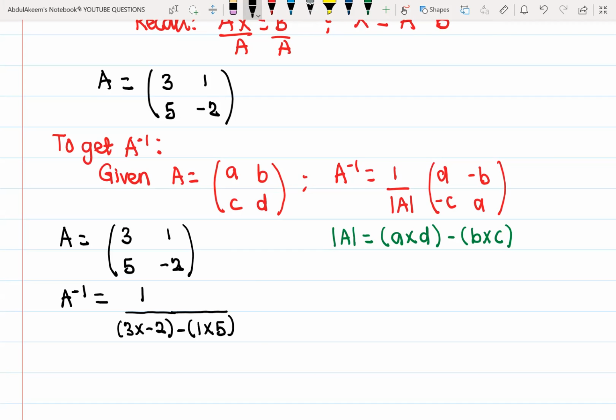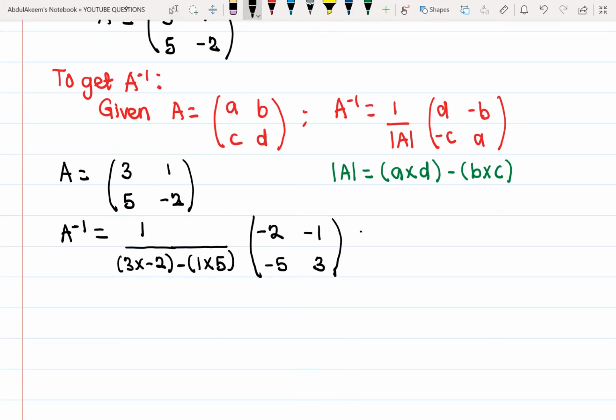So for this one now, find the transpose. This will now become minus 2, minus 1, minus 5, and this is 3, just like what we have here. I have D and A interswitching, so I'll have 3 and minus 2 interswitching, and I'll multiply B and C by minus 1. So that's what we have here.